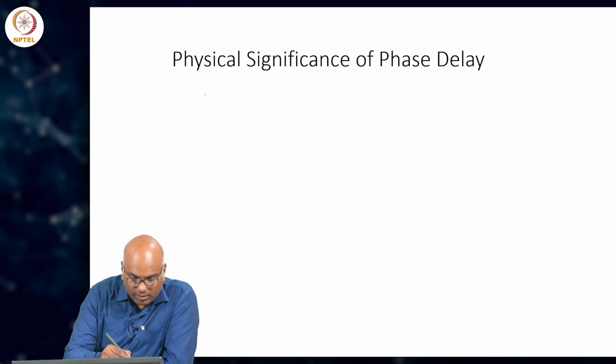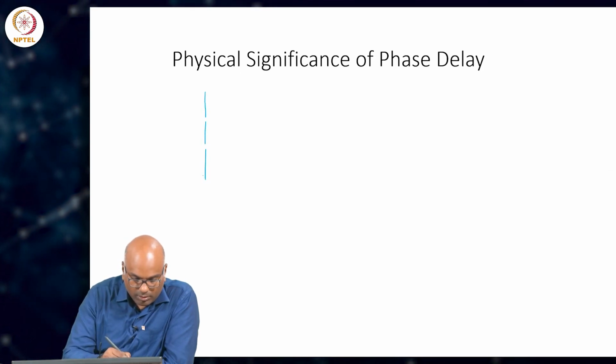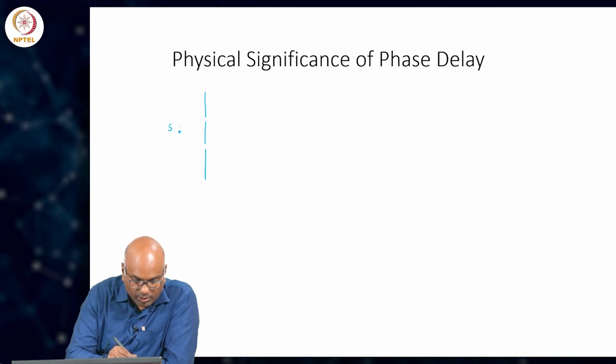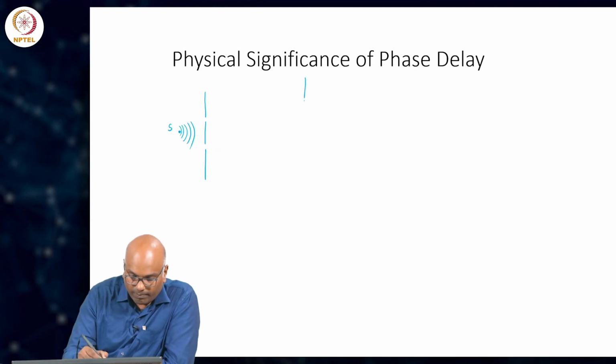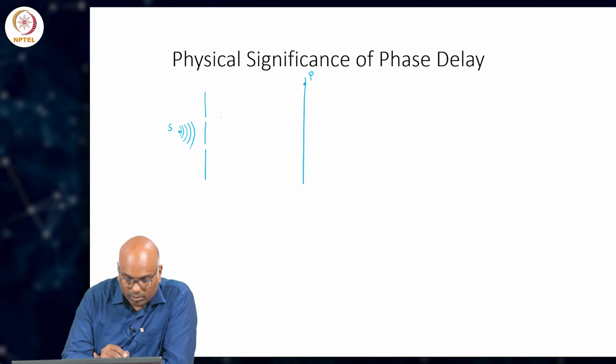So, let us for this consider an example of the so called double slit experiment. You have a point source, it emits waves, and then you have a screen where you want to visualize this.